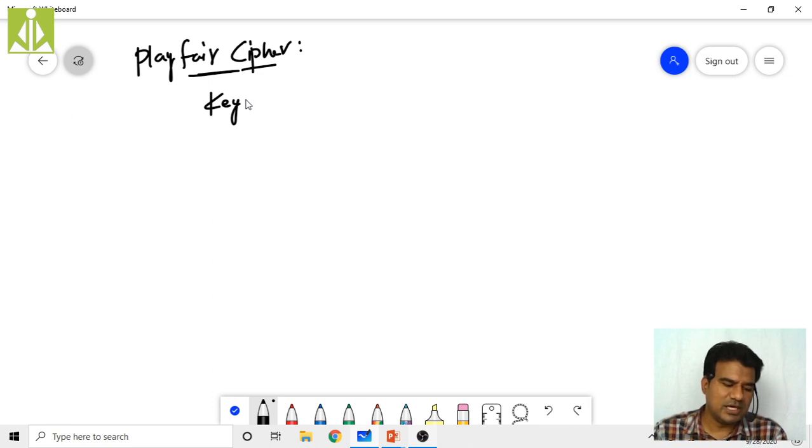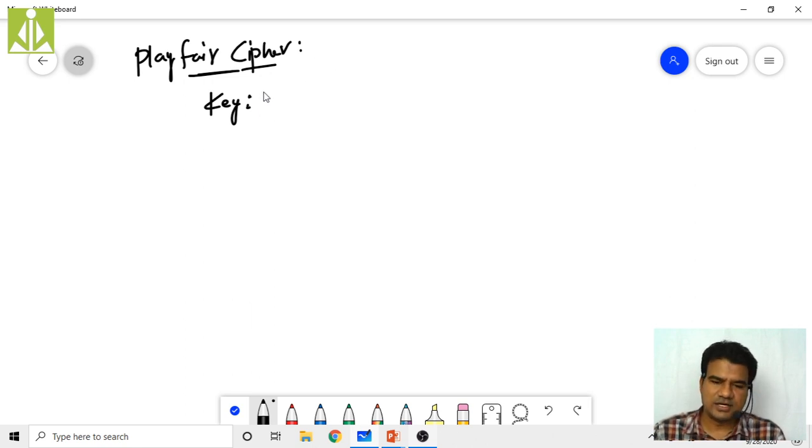That key is going to be a simple English-like word with no redundant characters, meaning no repeated characters. If a character gets repeated, we simply remove the second occurrence from that word and make the key.